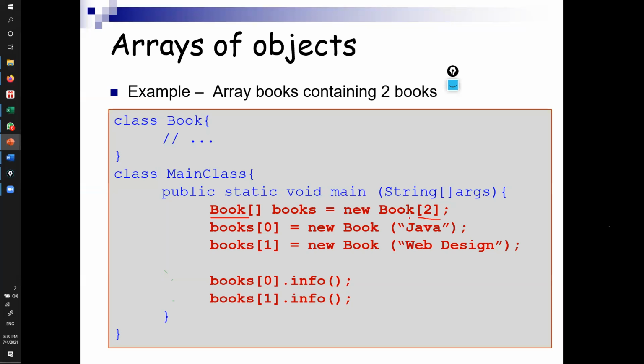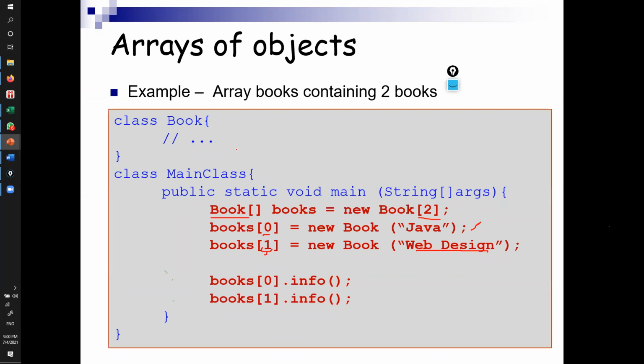If you try to mimic this in the previous example, you can create two students at the same time. Now you can see some will be with 0, others with 1. With 0, this is the first instance, the first book, which is Java. With index 1, that means the second book, and you pass the value, which is web design.